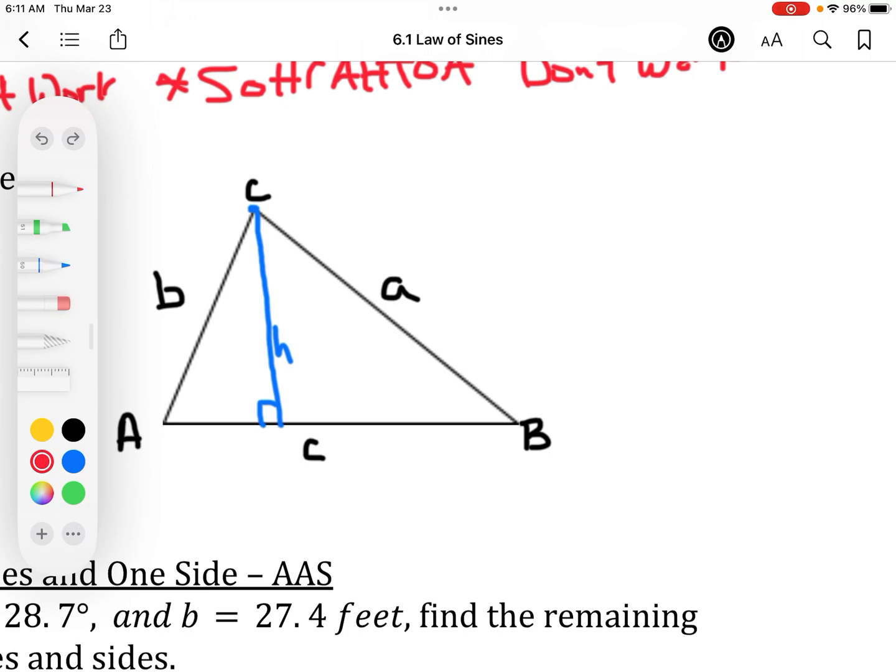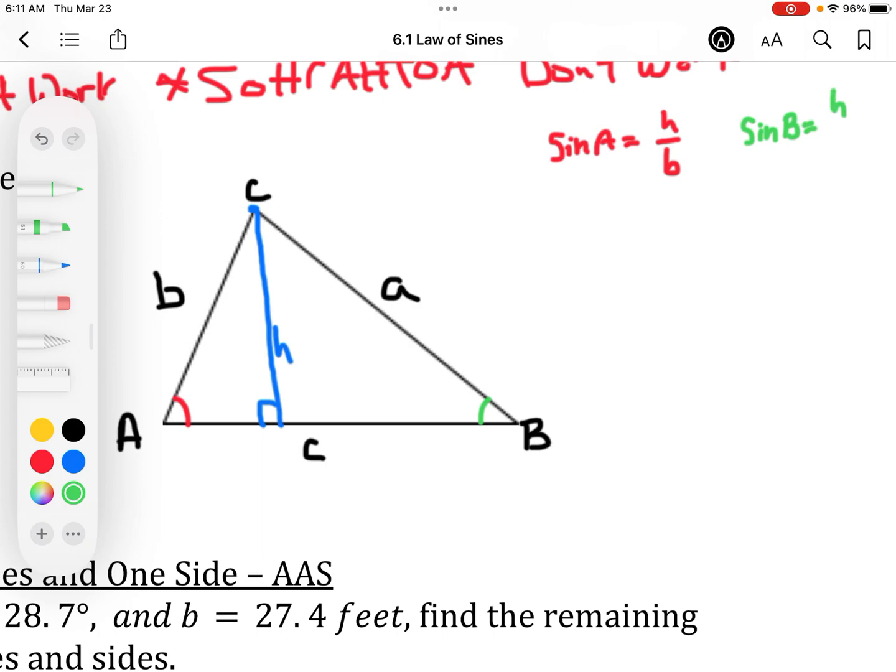What I know from here is I've got this angle A, and using h, the sine of A is equal to h over b, opposite over hypotenuse. If I look at angle B now, I can describe it the same way using h.